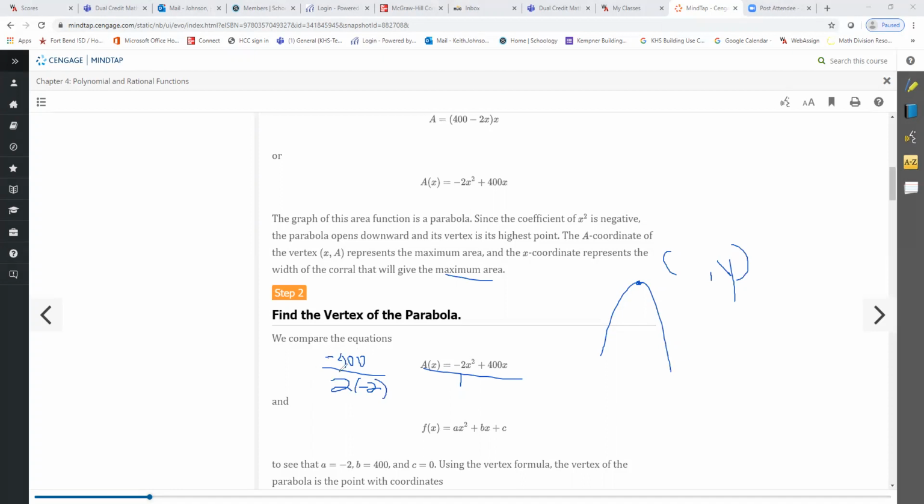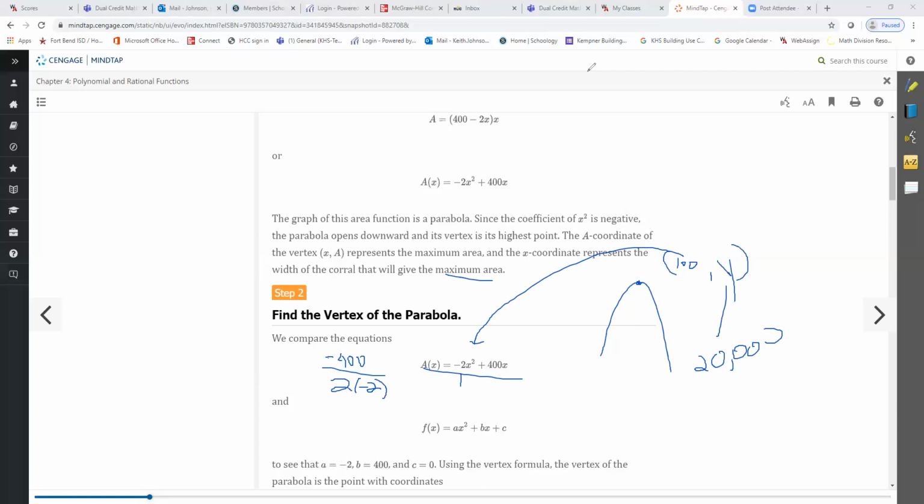Negative b over 2a, it's 400 over 4, which is 100. So my x value is 100. And then you plug that back in. So 100 squared times a negative 2 plus 400 times 100. So this value here is going to be 20,000. And that's the maximum area this can grab.